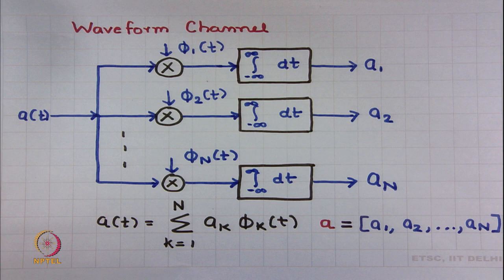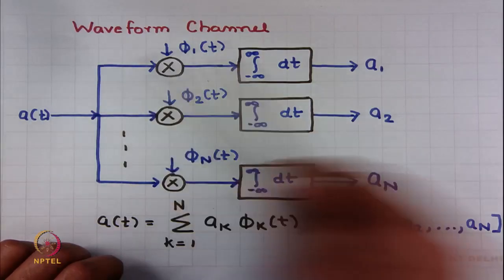In PAM there is only one basic orthonormal function, and all other orthonormal functions are time-shifted versions of the same basic orthonormal function. In QAM you have two basic orthonormal functions. In M-ary FSK, you have M orthonormal functions. So, whatever the modulation scheme is, all these modulation schemes can be thought of in terms of this basic equation.